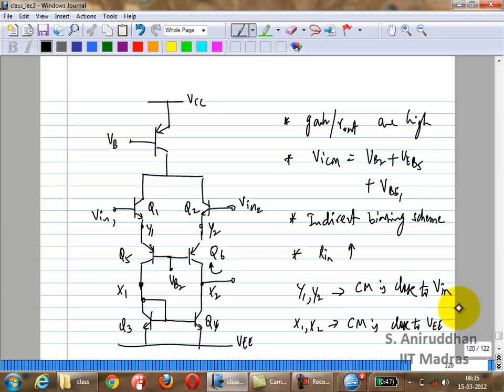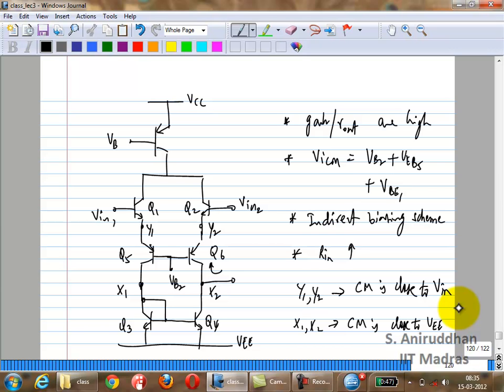Okay, so fundamentally you are going to use the PNP in the circuit in two different ways. One is in the biasing circuit, where you want to remove it out of the signal path. Second, even though you remove it completely out of the signal path, you have to use it somewhere, because the NPN constantly keeps going in one direction as far as the DC is concerned. So you need to use the PNP to shift the DC level somewhere.